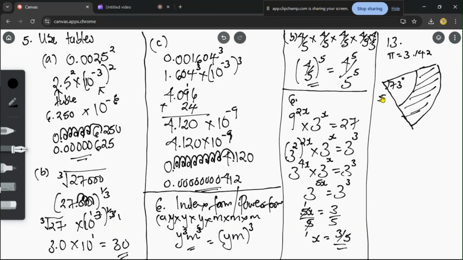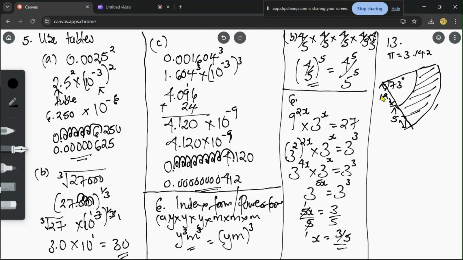This one is 12. This is 12, and this one is 5. The distance here from here up to that particular point, like that.